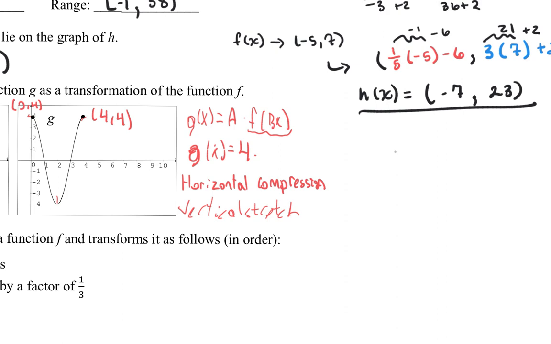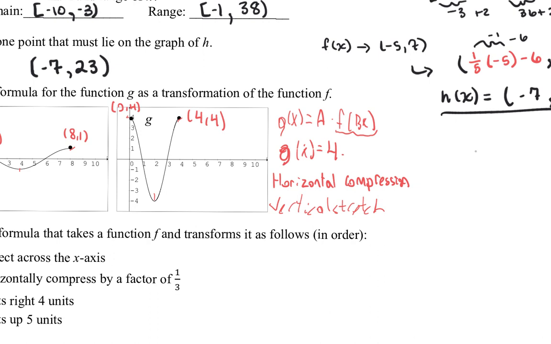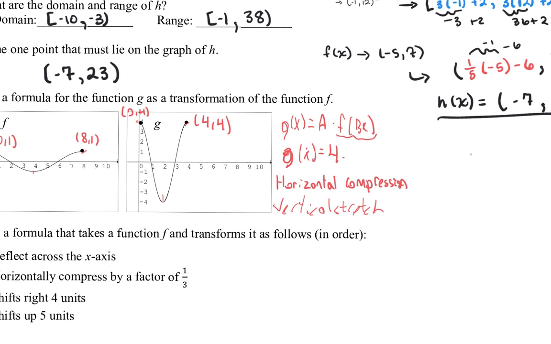So instead of multiplying by this b value, I'm going to multiply my x coordinates by 1 over b. If my x coordinate is 8, I'm going to multiply it by 1 over b, because I'm compressing it. And I'm going to end up with a new x value of 4.